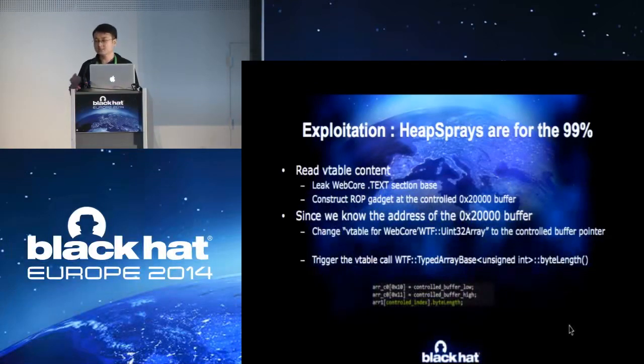After reading the content of the vtable, we can leak the text section base so that we can construct the ROP. And then with the AAR, we can know the address of that 0x20,000 buffer, so that we can put our shellcode into that buffer and change a vtable to that buffer, so that we can achieve arbitrary code execution without heap spray.